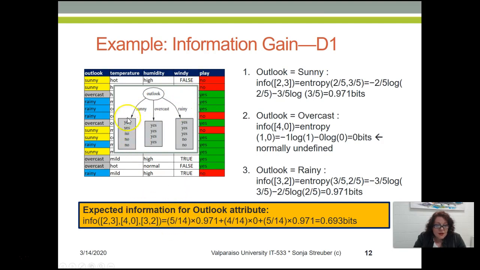So here we have 5 out of 14 for sunny, 4 out of 14 for overcast, and 5 out of 14 again for rainy, which gives us 5 out of 14 times 0.971 plus 4 out of 14 times 0 plus 5 out of 14 again times 0.971, and that gives us an information value for the outlook attribute of 0.693 bits.